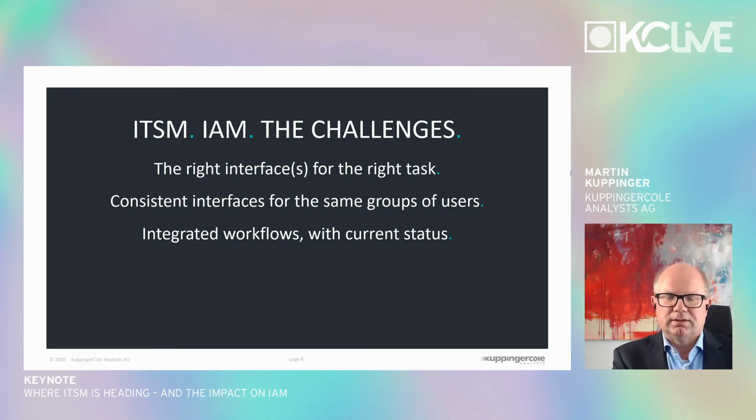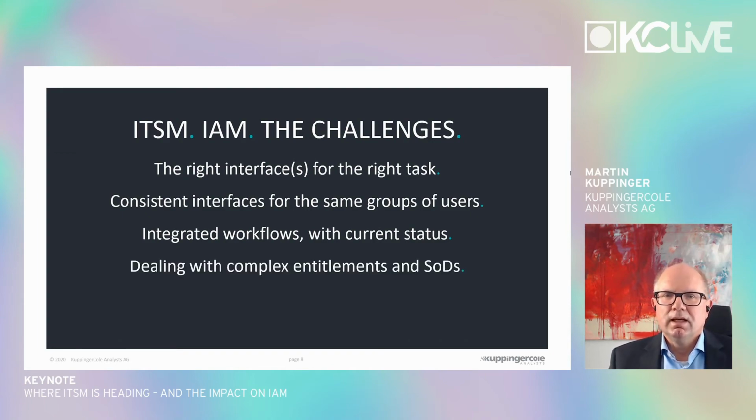If you start the workflow maybe in your ITSM tool, then you reach out to your IGA tool to start the provisioning process, and you have some approval either there or there, and then the manual fulfillment starts maybe to a couple of systems. Then you still need to be able to know where this request stands. So you need to collect data from IGA and from ITSM to bring it together. You need a status, you need this integration. And you need to be aware that certain things are really better done in IGA.